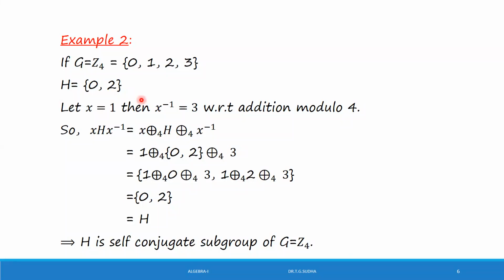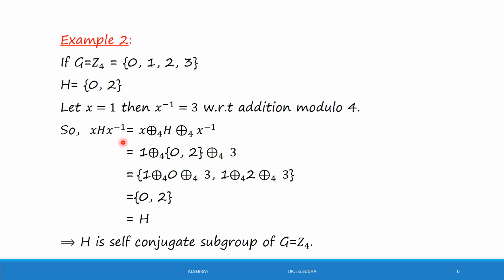Let us consider the second example, that is Z4, and G is equal to Z4. It contains 4 elements. Let us take a subgroup H, that is {0, 2}. Let us take X equal to 1. Then X inverse is equal to 3 with respect to addition modulo 4. Let us consider XHX inverse.